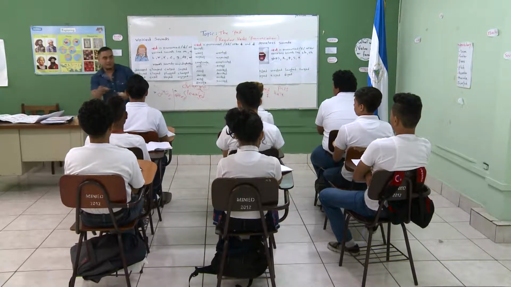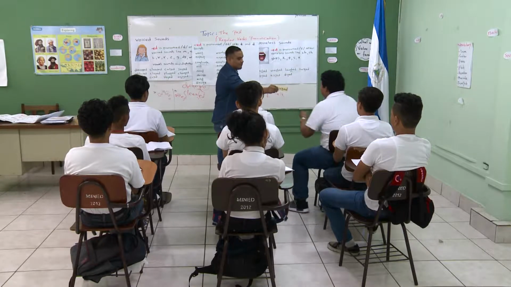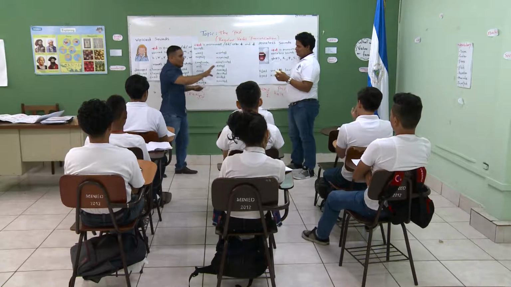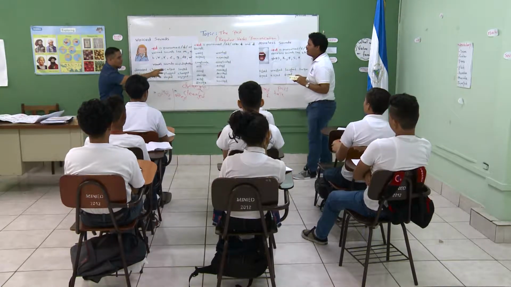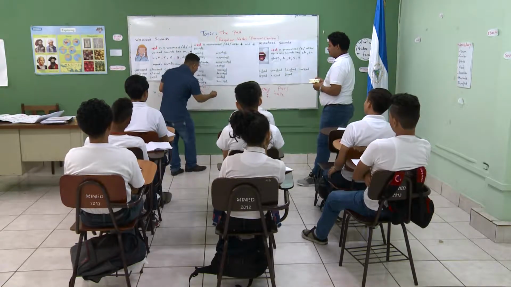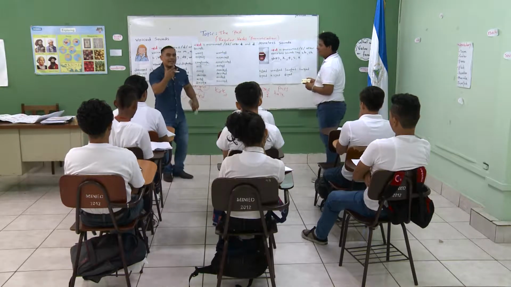Let's do an exercise. Okay, come on here. Show the class the verb you were given and pronounce it. Pay attention because he's going to pronounce the past form of the verb kick. What is the last sound?